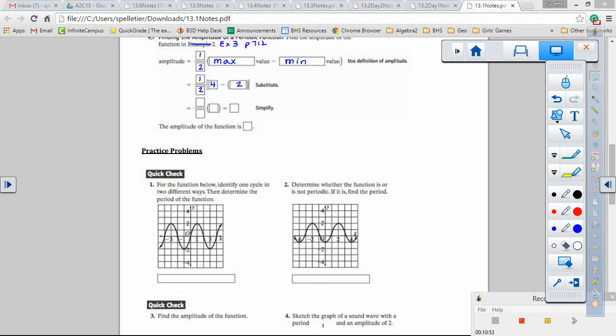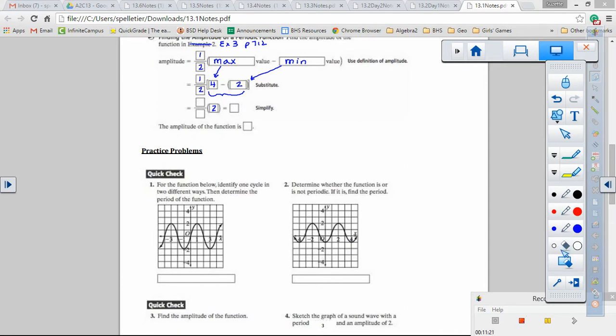So you substitute the maximum here and the minimum here. And remember, order of operations says you need to do this part first. So 4 minus 2 is definitely not 3. Sorry about that. I'm working ahead of myself. 4 minus 2 is 2. Okay? No, excuse me.